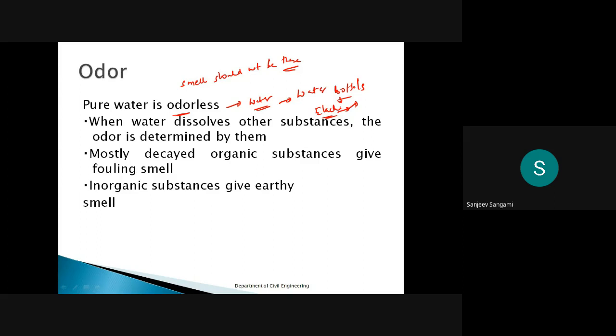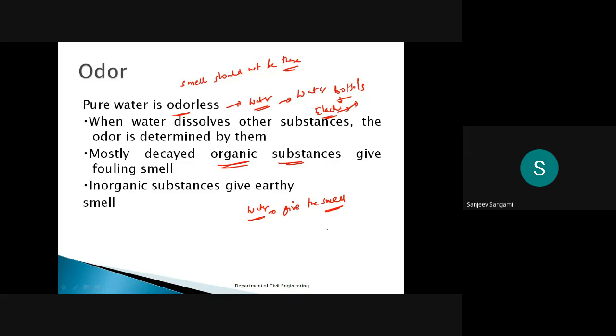Water should be free from odor. So how do we get the smell? If any organic substance is present in water, it will give a smell.